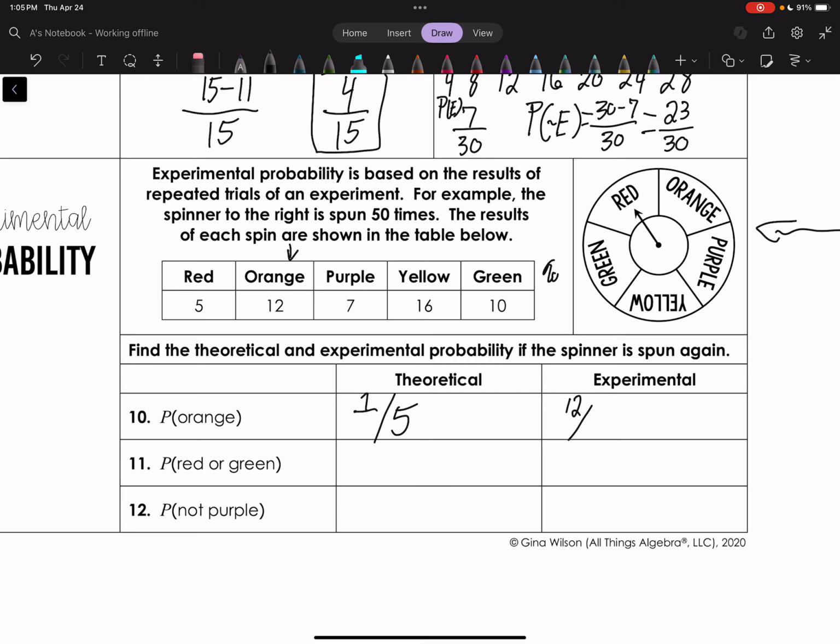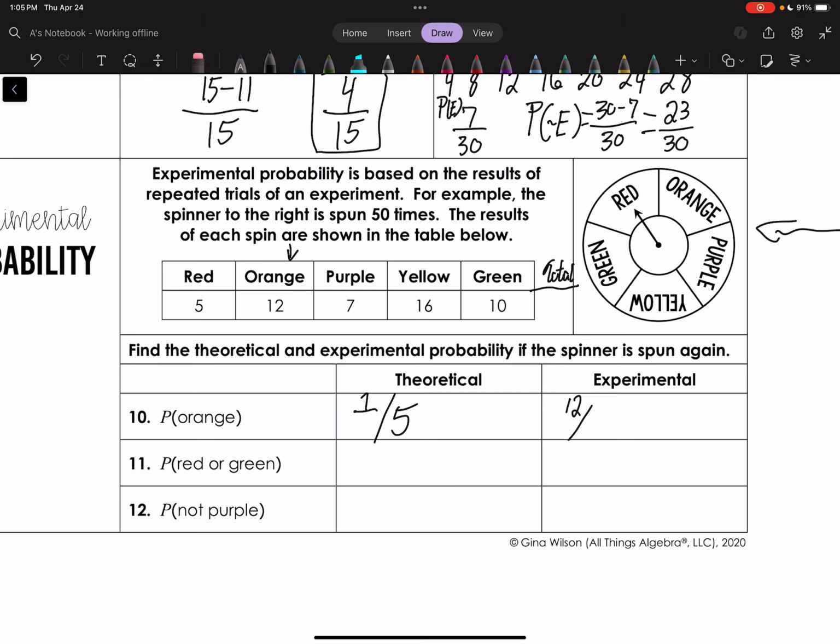I'm going to write the total here to make it easier for us: 5 plus 12 plus 7 plus 16 plus 10, which is 50. So actually, in the experiment, it happened 12 out of 50 times, or 6 out of 25. So it happened a little bit more than a fifth of the time.